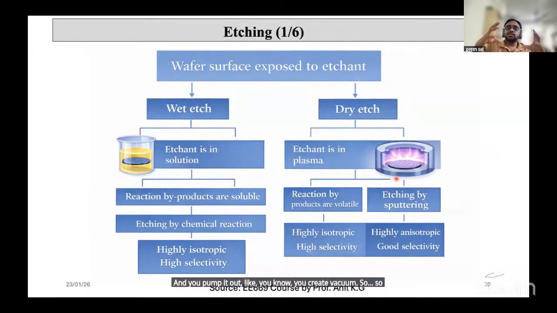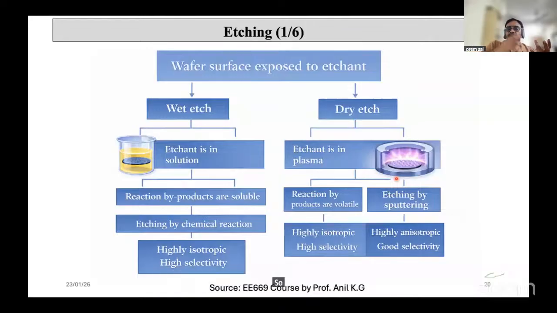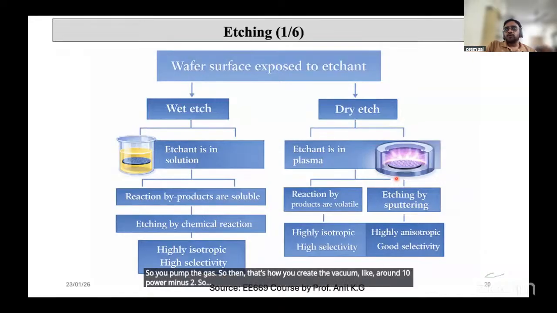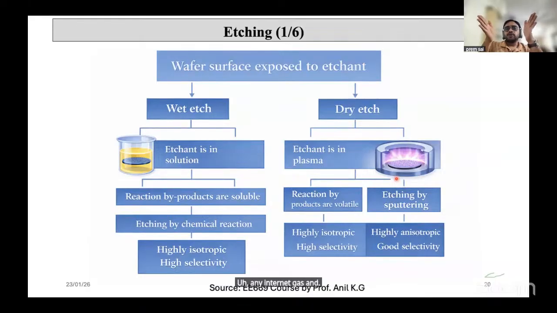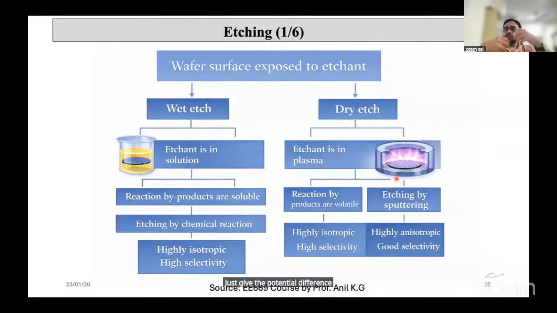Let's say the chamber is at atmospheric pressure, 760 millibar; you pump out the gas to create a vacuum of around 10 to the power minus 2. Then you introduce oxygen or argon, any inert gas, between two electrodes, anode and cathode. Just give a potential difference, so it will break down, and then you get the plasma.